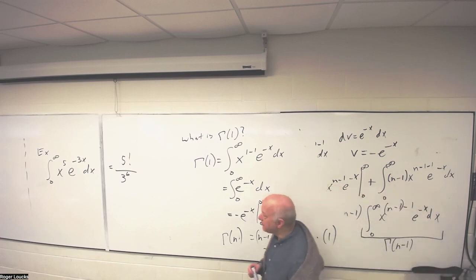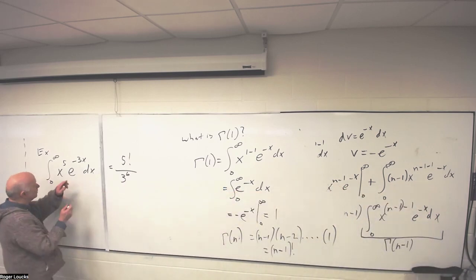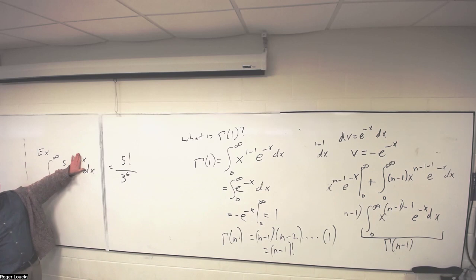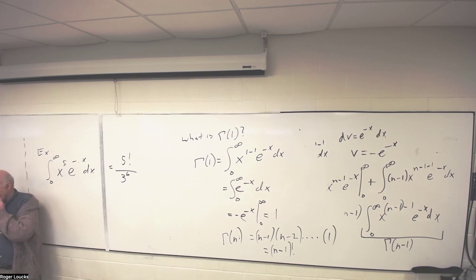So if it wasn't for that 3, what would you say this is? Factorial. That was gamma, N minus 1. But if I just had that, which gamma function would that be? Gamma of 6.